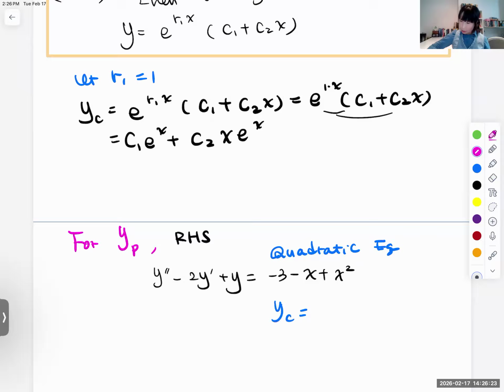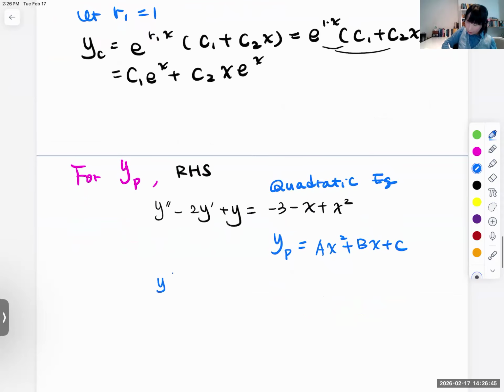We can write the particular solution in quadratic form, that is ax squared plus bx plus c. That's the quadratic equation form. Now what is the derivative of that?